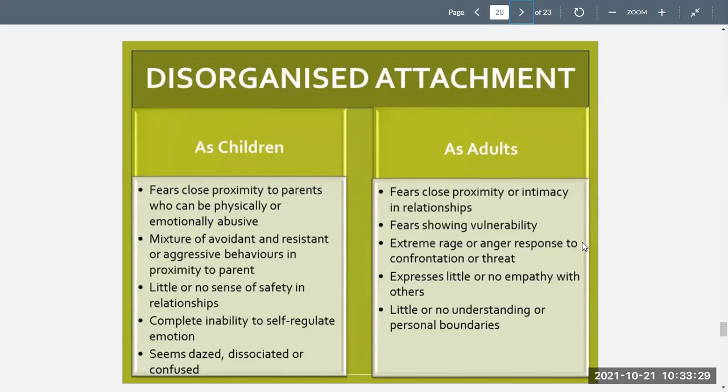So when you see people react in certain situations, environments, or scenarios, those are clues as to what's going on in their thoughts, what's going on in their emotions, what was triggered, and also what could be their attachment style, right? And then when you see this, you will self-regulate your emotions because you're not going to be affected by it, because you know why this person is reacting this way.